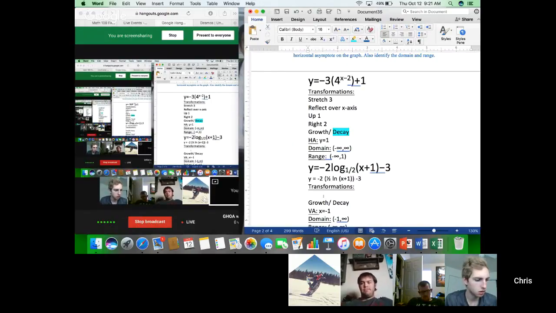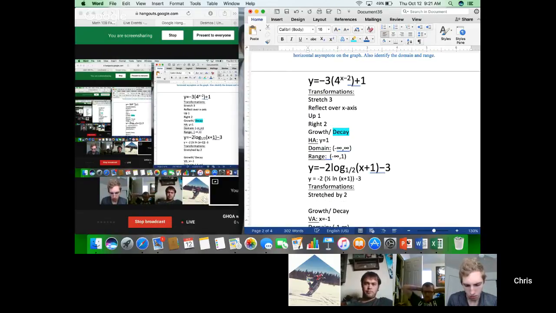So we have stretched by 2. You have a left 1. Down 3. Reflection over the x-axis.